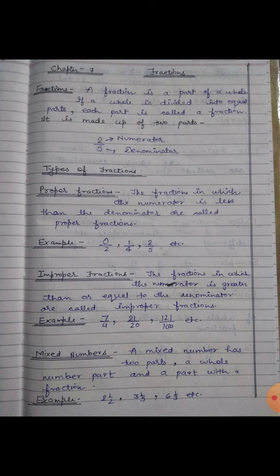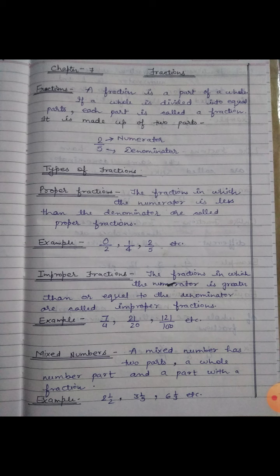For example, 7 by 4, 21 by 20, 121 by 100, and here you see the numerator is greater than or equal to the denominator.